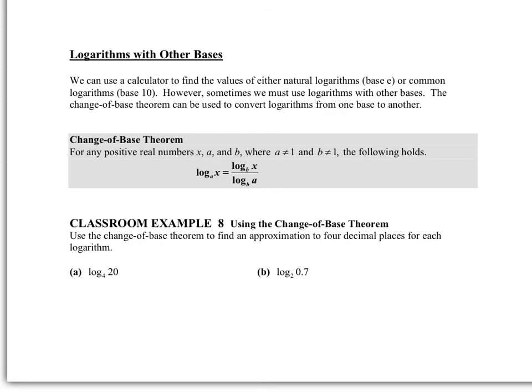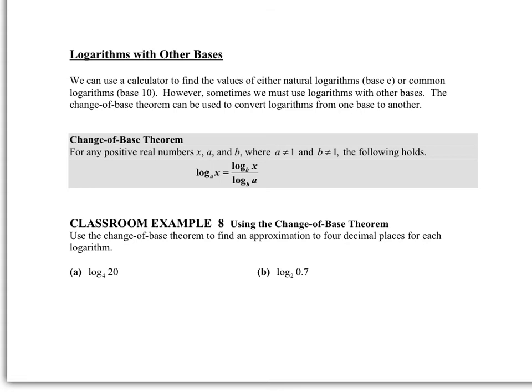So if you look at this example on A, and you're supposed to evaluate log base 4 of 20, we wouldn't have a way to do that in the calculator unless we know what the change of base theorem says. And if you'll look in this box, it gives us a tool to turn it into something that the calculator can then evaluate. So if we have the log of some base other than 10 of a number, then that would mean we can change it into a base 10 to put into the calculator, and we would get the correct answer if we do it in this way.